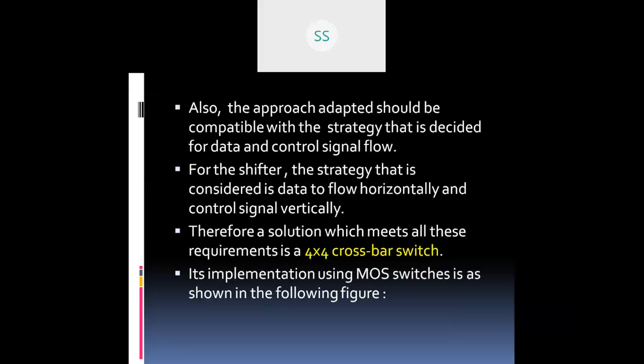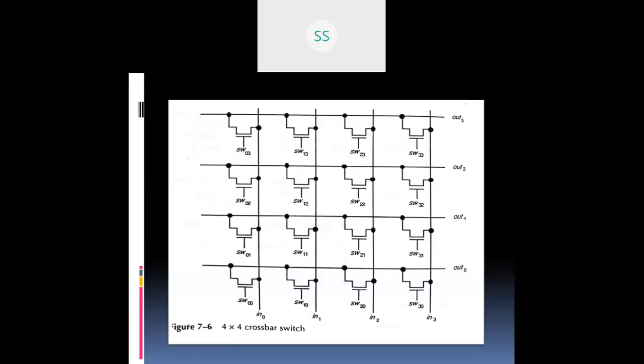Therefore, a 4 cross 4 crossbar switch is the circuit which meets all these requirements. It uses MOS switches, and its implementation is as shown.